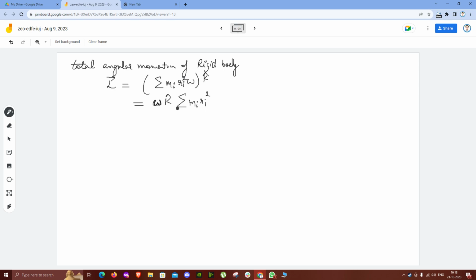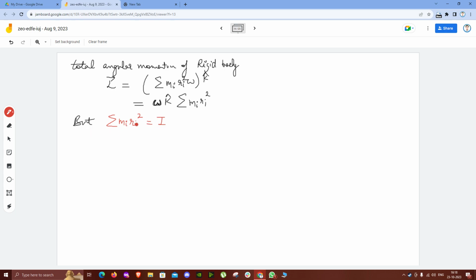Now we also know that summation mi ri square will be the moment of inertia.